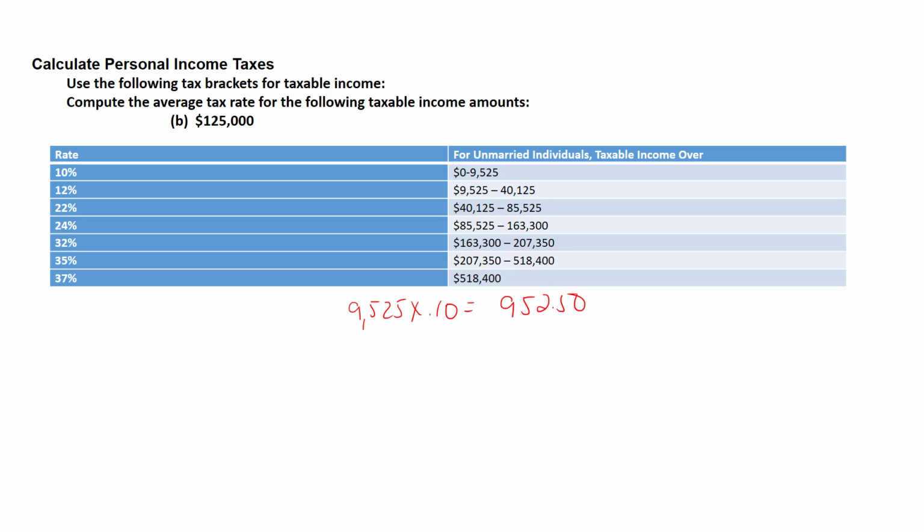Did we make more than $40,125? Yes, we did. So we're going to use all of the money in this bracket. So if we take the $40,125 and we subtract $9,525, because we've already paid tax on that amount of money, the amount of money in this bracket is $30,600. So we're going to use all of the money in that bracket, and that's at 12%.